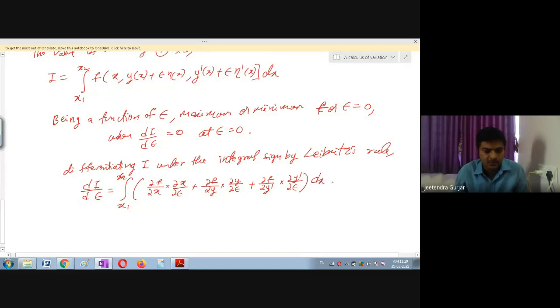Why have we taken this? I can apply this condition so that we can simplify this problem very easily.